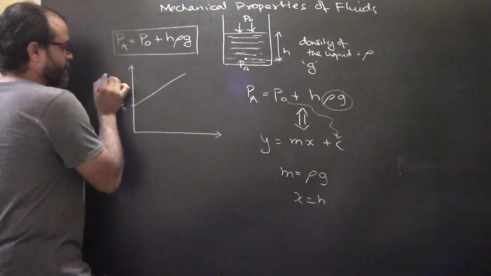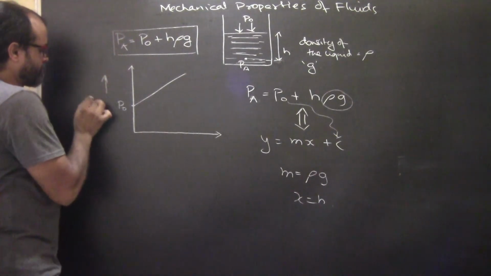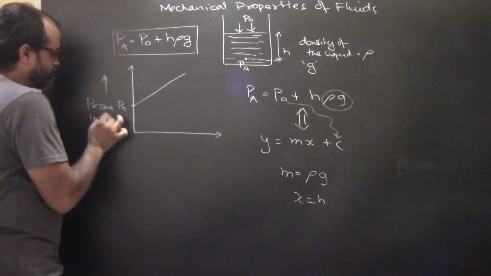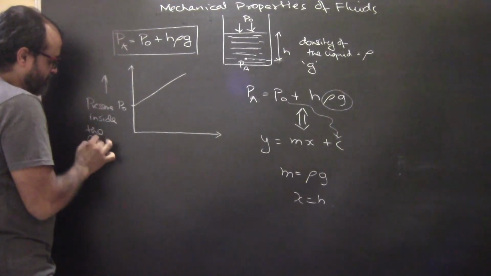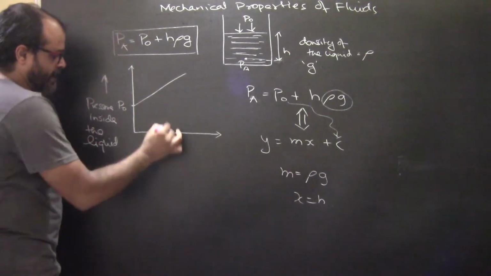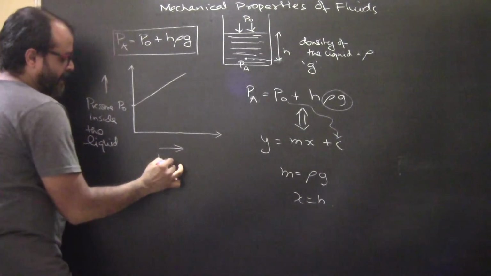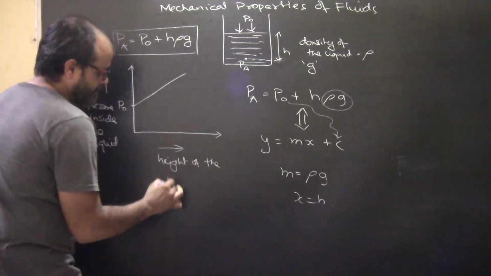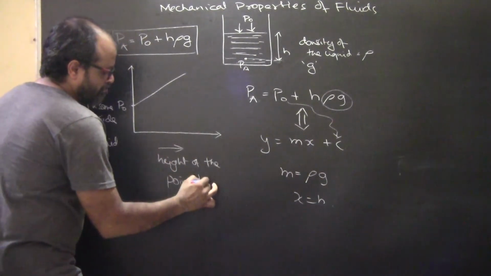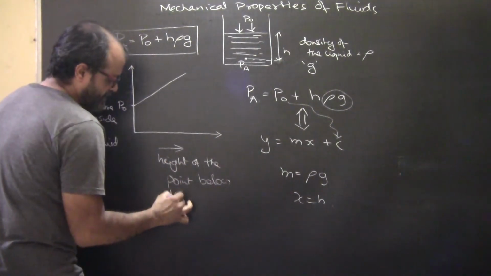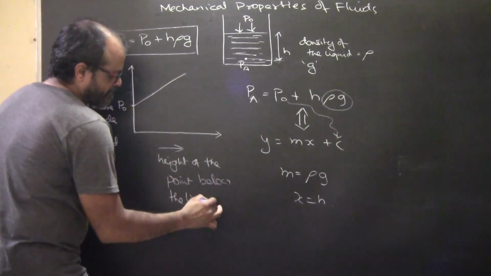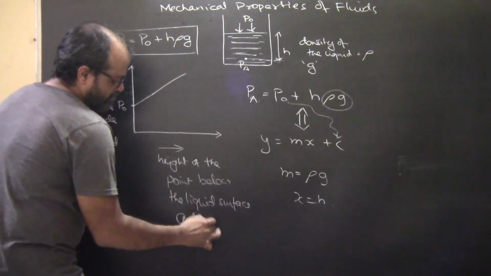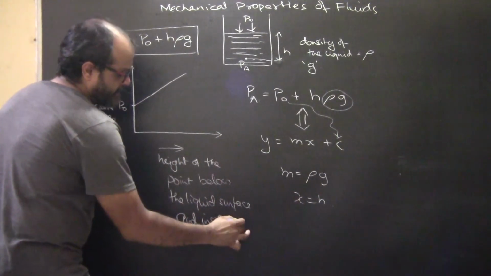In this graph we will have pressure inside the liquid, and this will be the height of the point below the liquid surface and inside it.